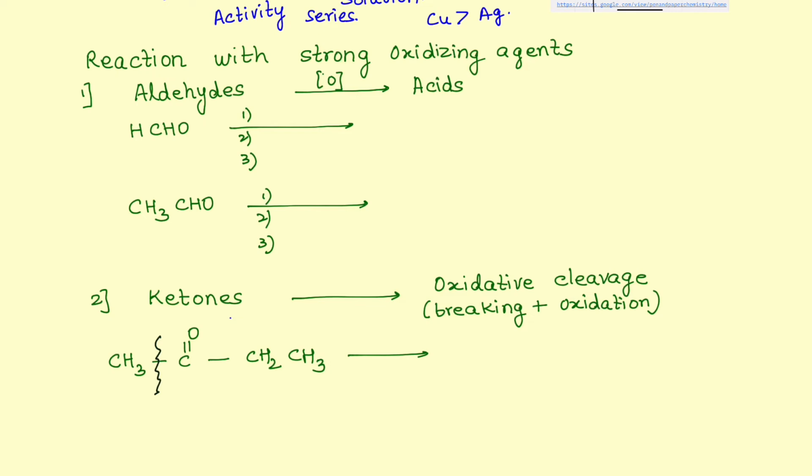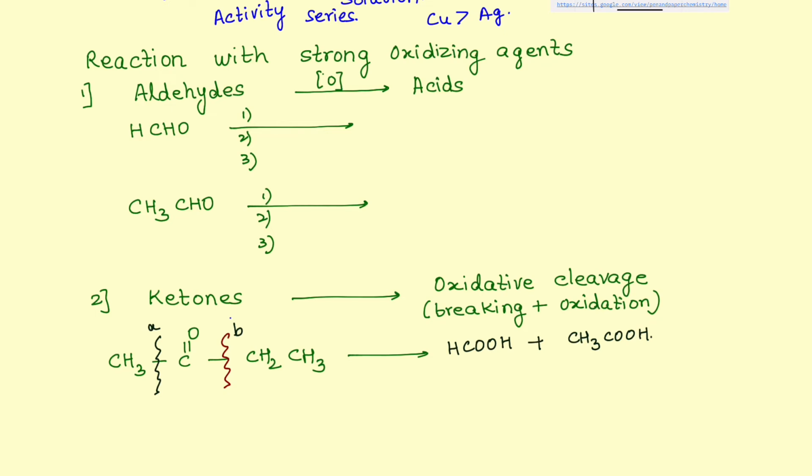So, the CH3 part breaks down, so we may get HCOOH plus, now start from here, CH3CH2COOH. These are all the possible products we are writing. Or it could break down from here. So, first was the A option, then is the B option.